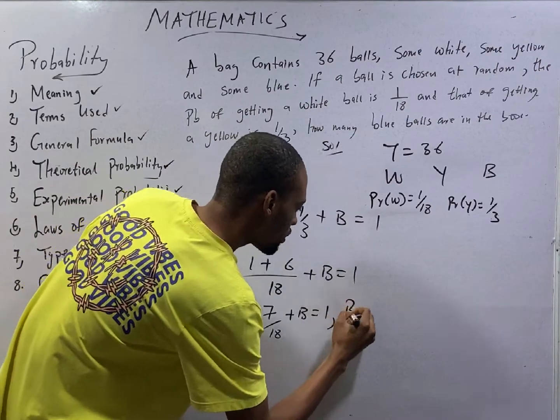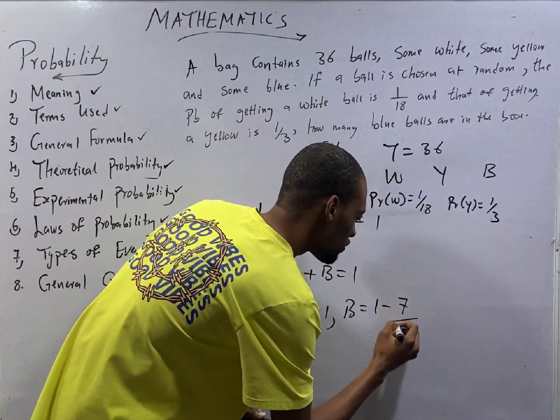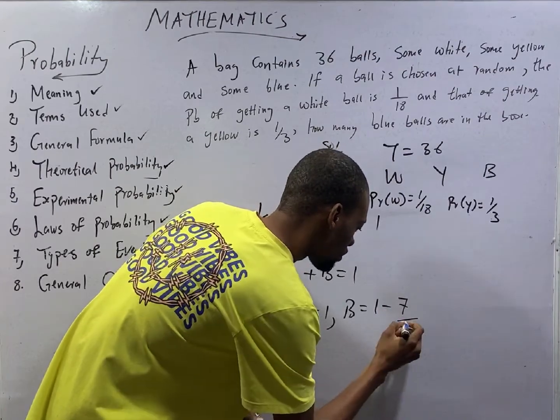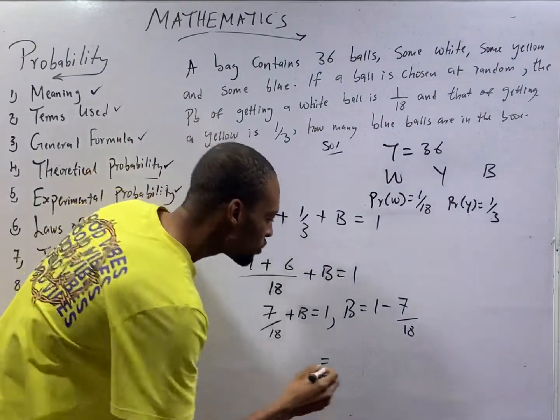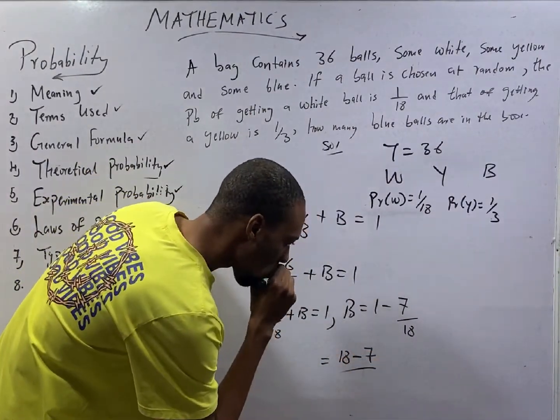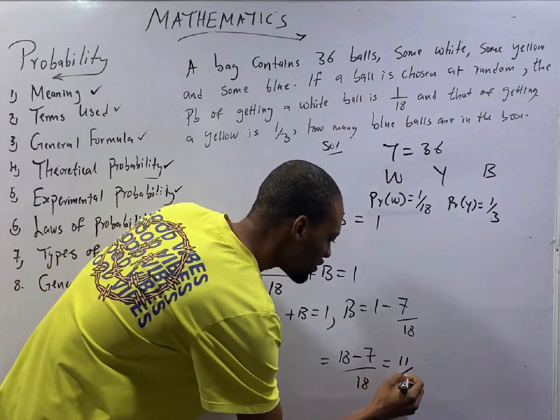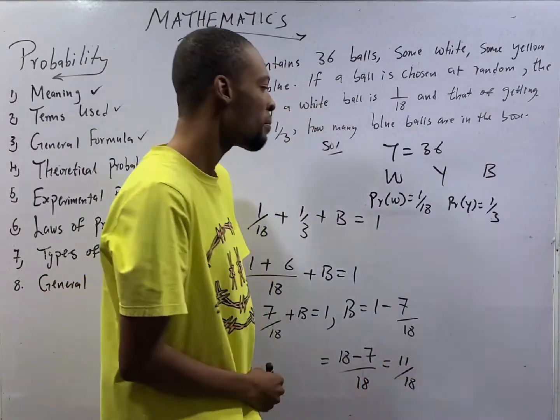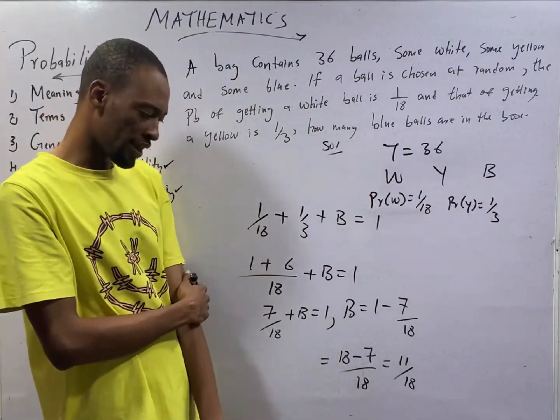And B is therefore 1 minus 7/18. Cross multiplying, this will give you 18 minus 7 over 18, and this is 11 over 18. So the probability of getting a blue ball is 11 over 18.